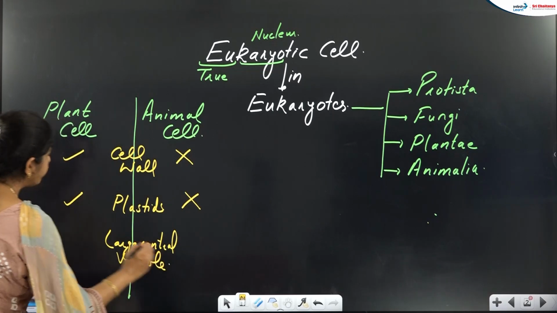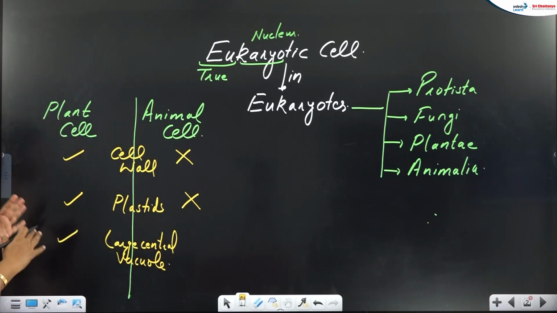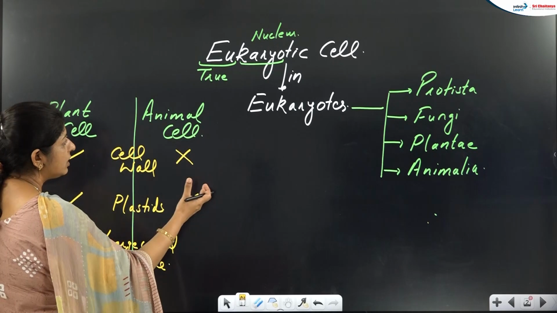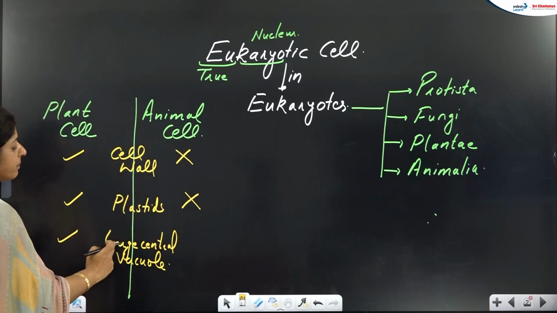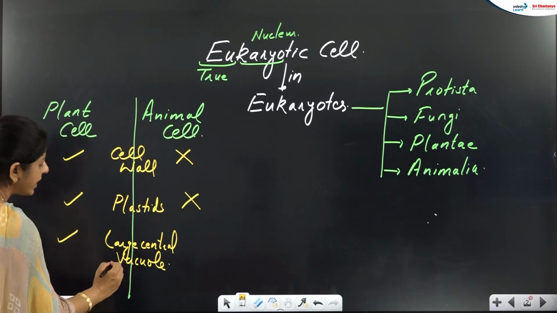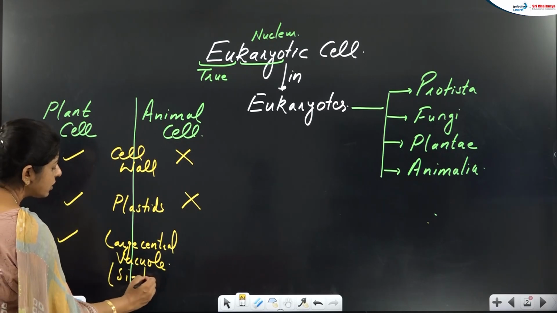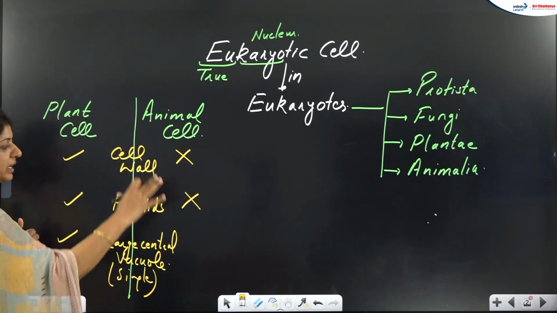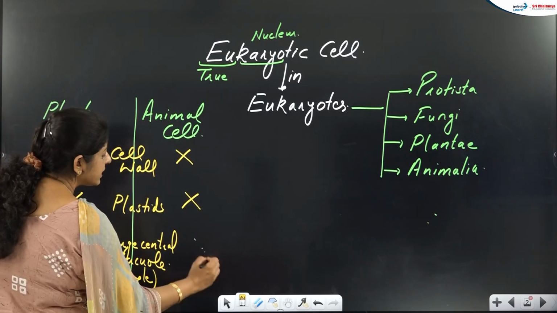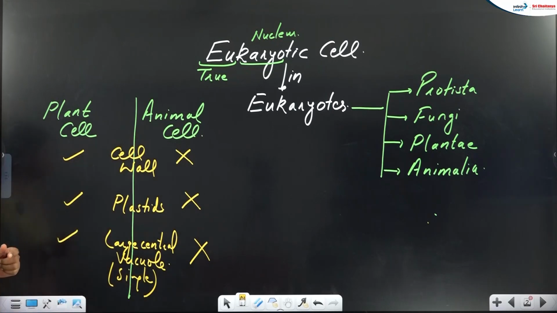that is a feature of mature plant cell. But if it is there in animal cell, it will be small, not a large central vacuole, which is singular. If it is there in animal cell, it will be small, many in number. So large central vacuole is absent in case of animal cell.